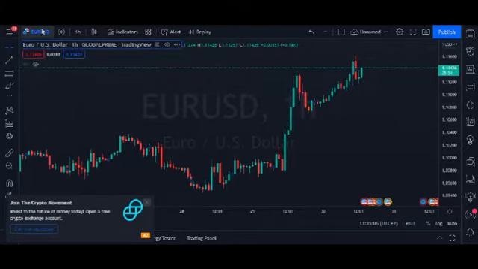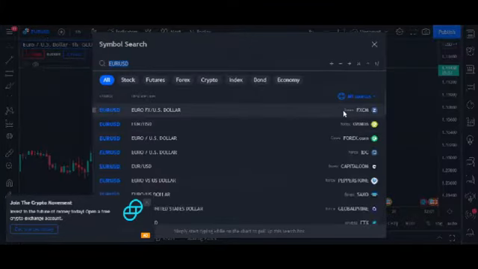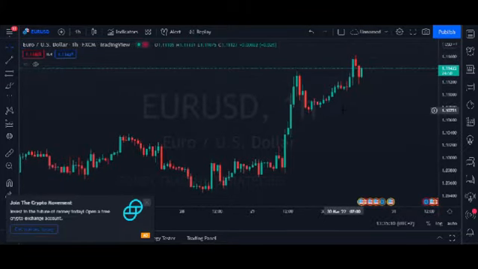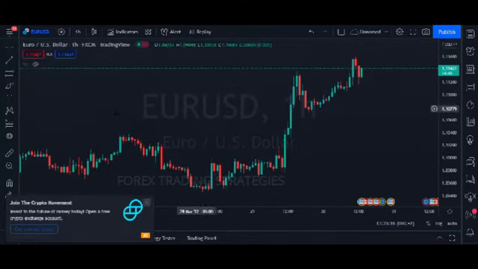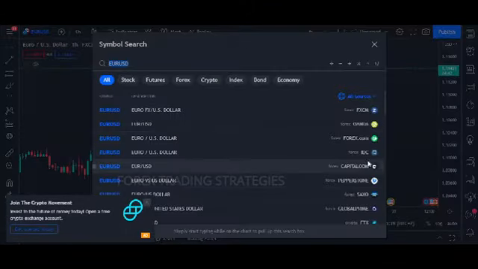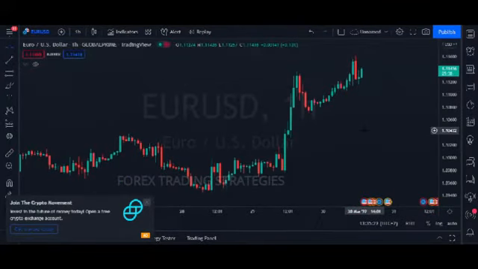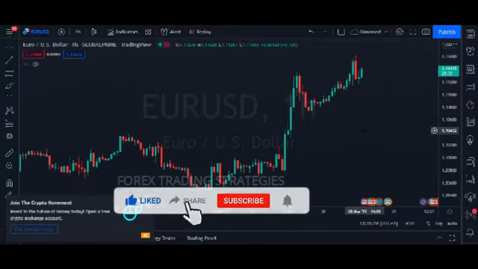If we go back to FXCM, that's the current candles on FXCM or under forex.com. But if we go to Global Prime, they've got a different set of candles. What's going on here?